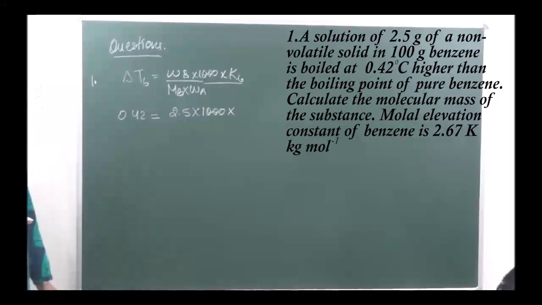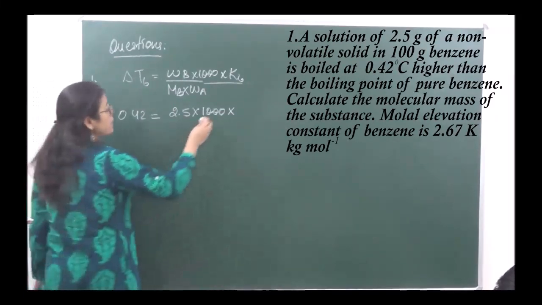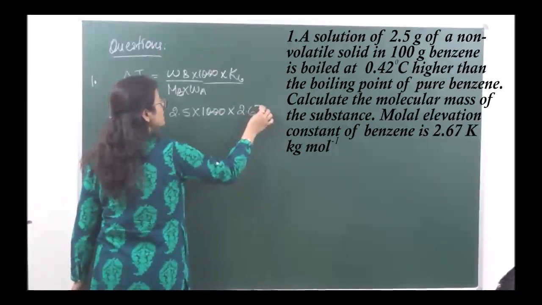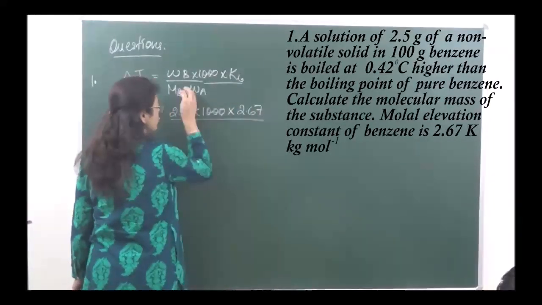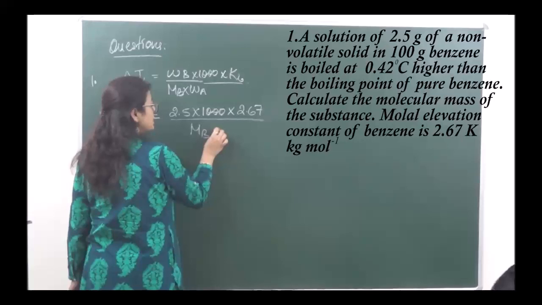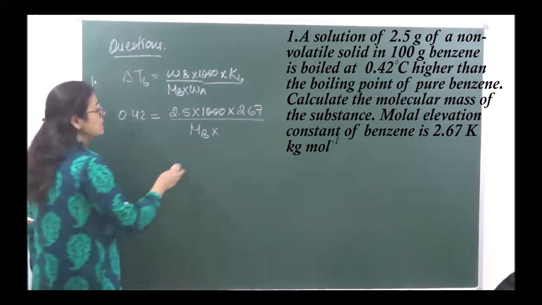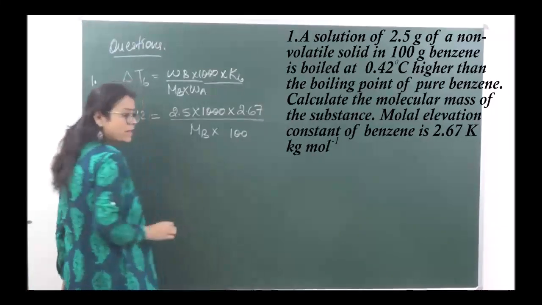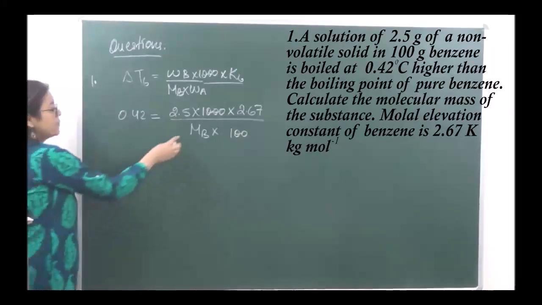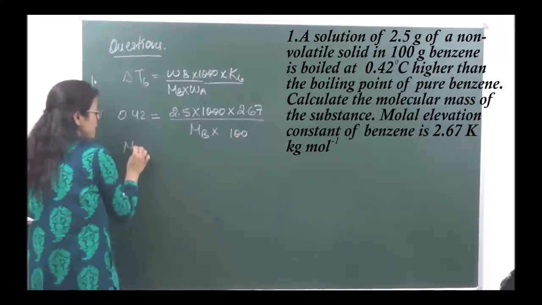Kb given to us in the question is how much? Kb given is 2.67. We have to calculate Mb, right? And Wa given to us in the question is 100 grams of benzene. We have to calculate Mb. So let's take Mb on this side.